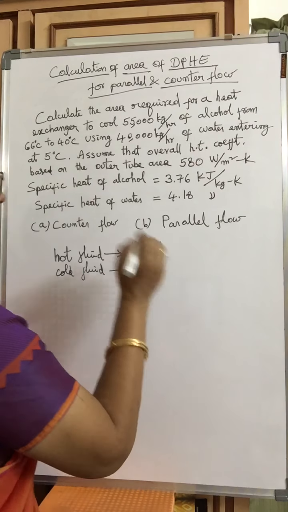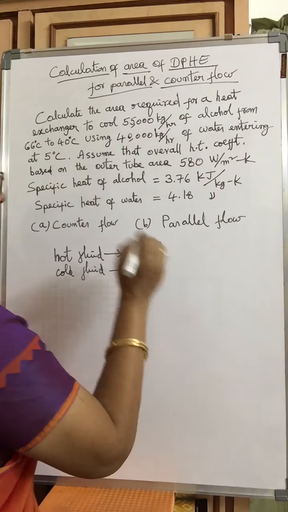Next, entering temperature of alcohol. Alcohol is hot fluid, so T_H, and the entering temperature is T_Ha, that is 66 degrees centigrade.